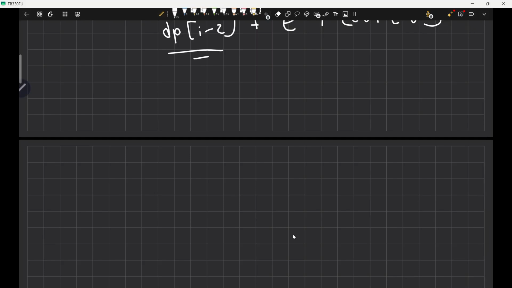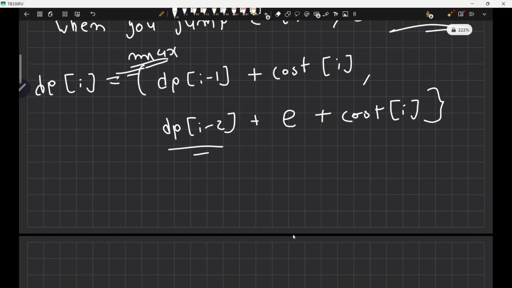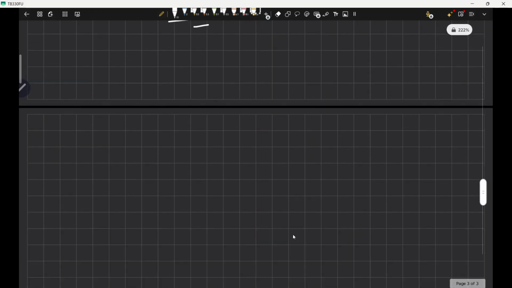Like in type 2, we see that you have to decide whichever is the best way you have to take, and from this you just decide something. So this is also like, let's say instead of min max you have some other things, but you will see that in the question.